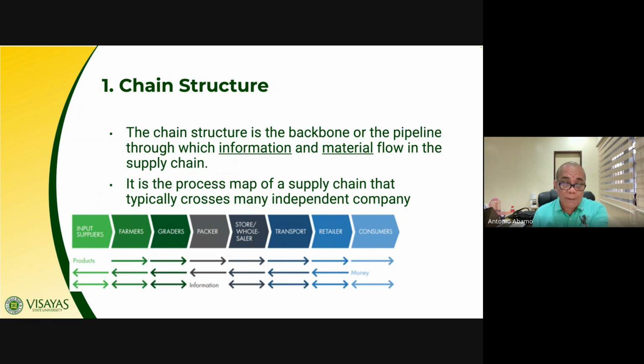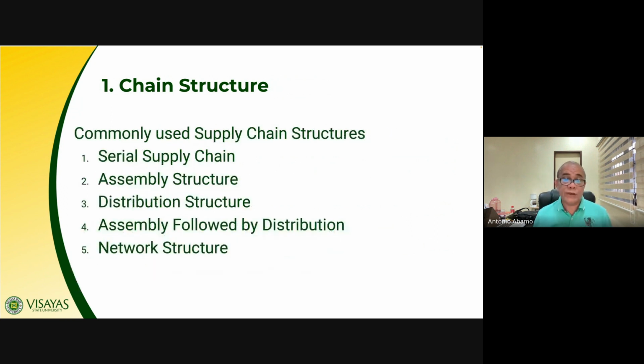That means to say the money is flowing upstream. What is flowing downstream is the cost that is transmitted. Okay, while information is a double arrow connection, because both will feed back so that the sustainability, consistency and reliability of the chain is made possible. Okay, that is chain structure.